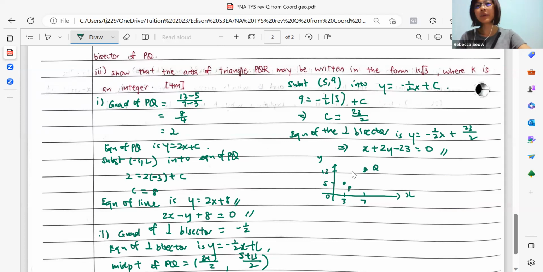Okay, so we have PQ. Okay, and PQR, where is R exactly? So R is probably somewhere here. So we have to consider the midpoint. Oh, sorry. So R is probably somewhere here.